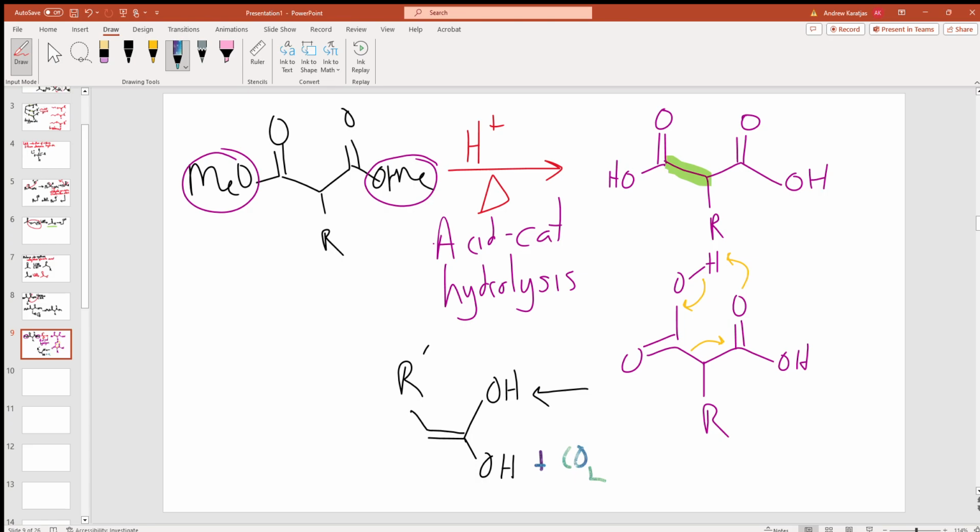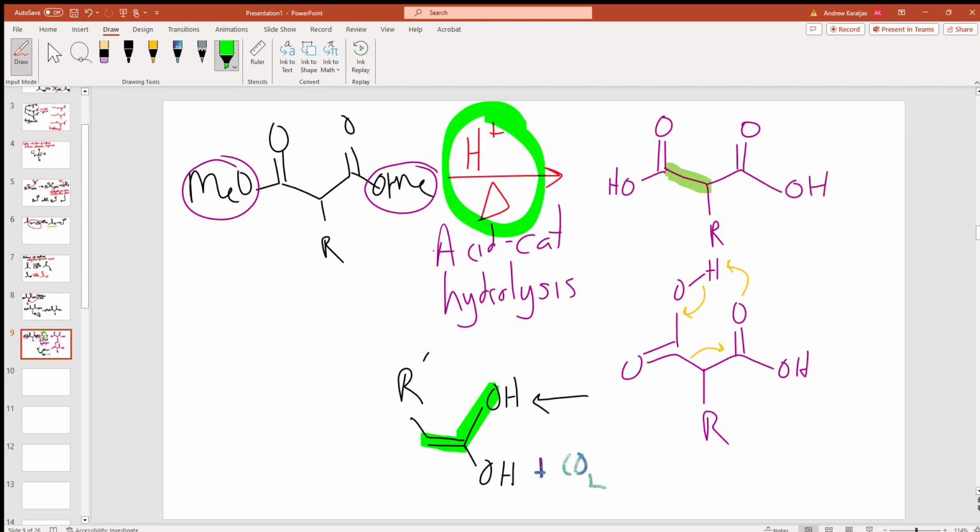Now, we're almost done, but notice we now have an enol. Not only do we have an enol, we're still under acidic conditions. And under acidic conditions, an enol, and most enols, are going to, typically on the order of 99% or more, get converted to the carboxylic acid. This here is no exception.